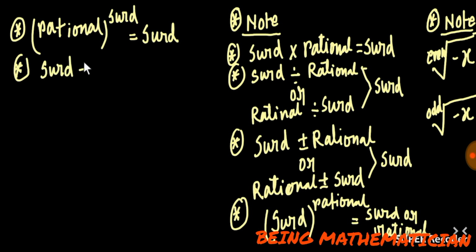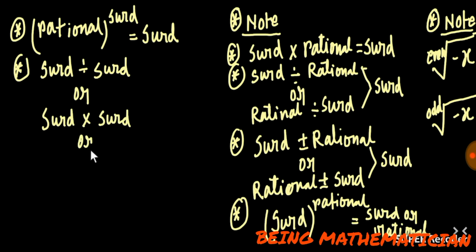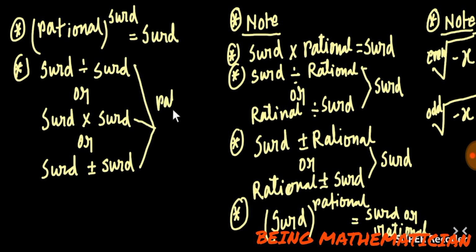Surd divided by surd, or surd into surd, or surd plus minus surd. In all three cases, it will be a rational number or surd.